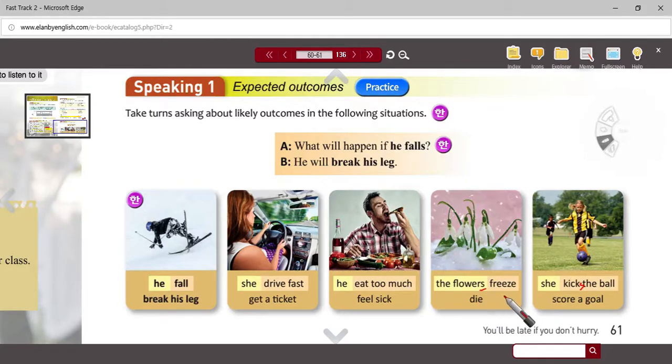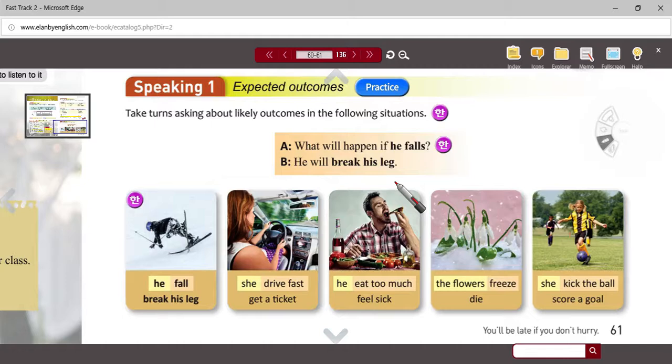If the flower freezes, it will die. Okay, so just be careful of that. Good. So again, we're talking about the third person or third people, and we are talking about these resulting outcomes, these likely outcomes if these situations happen.